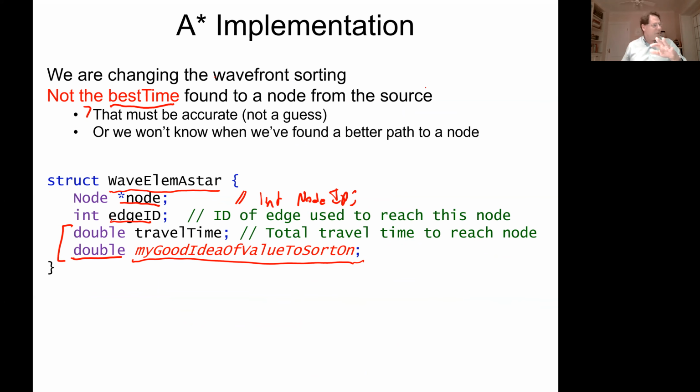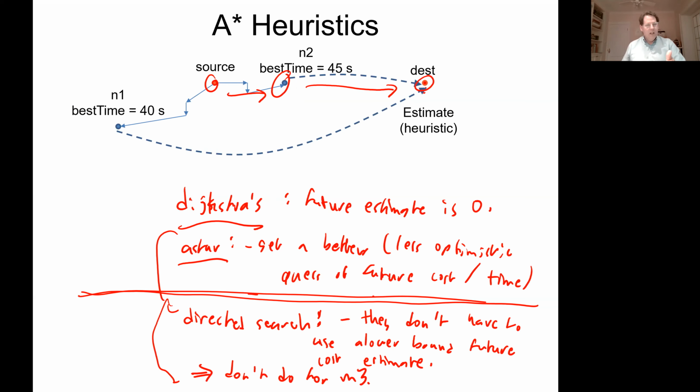But I think you'll sacrifice CPU time by doing that as well. And it's more complicated to code because you can now use a more aggressive estimate. But once you reach your destination, you still can't stop searching. You have to keep pulling things off the wavefront. Whereas if you code with an estimate that's a lower bound, once you find your destination, you know that that's the best answer when you pull it off the wavefront. Okay?